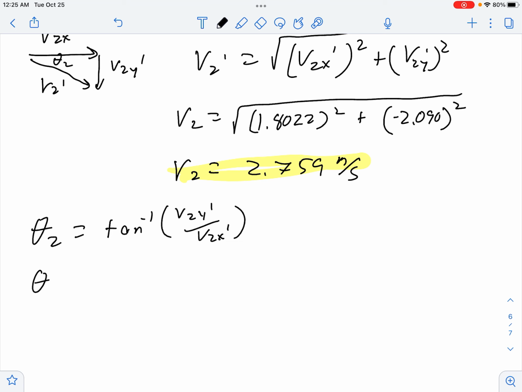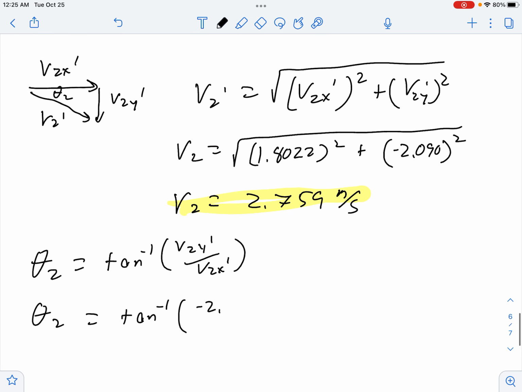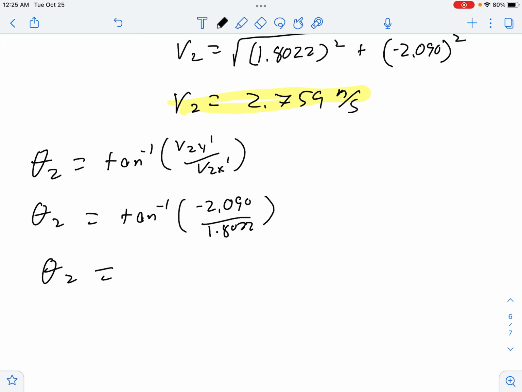So that would be inverse tan of the y part, negative 2.090, over the x part, 1.8022. Put that in the calculator, and we should get negative 49.225. If we compare this to what we had with elastic, we got different speeds and different directions. So when we change the properties of the collision, we change the results of the collision too.